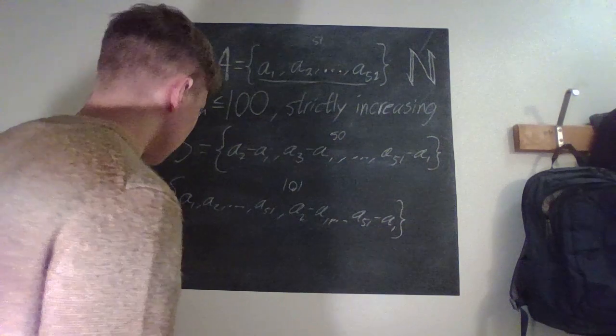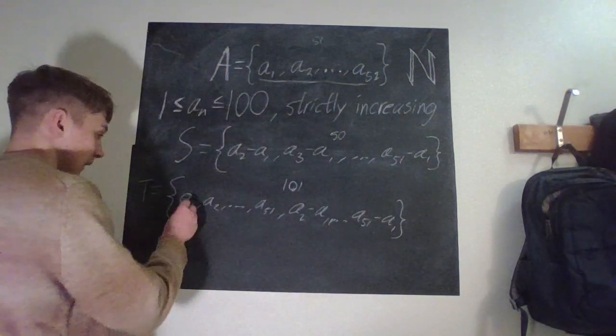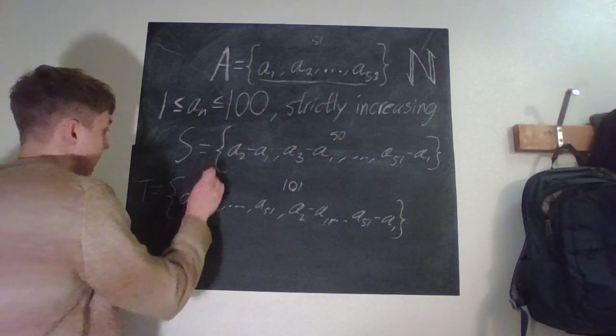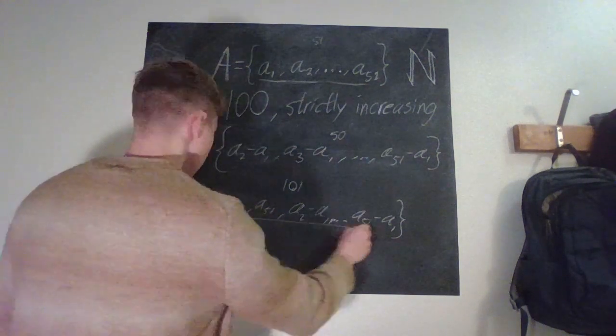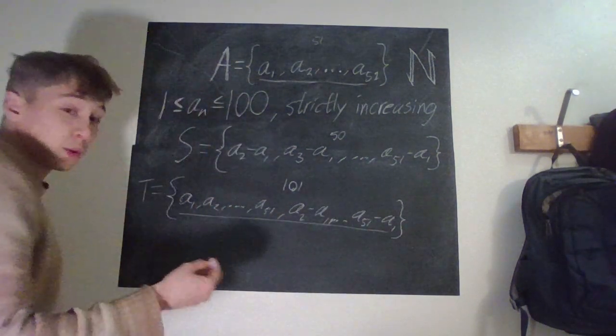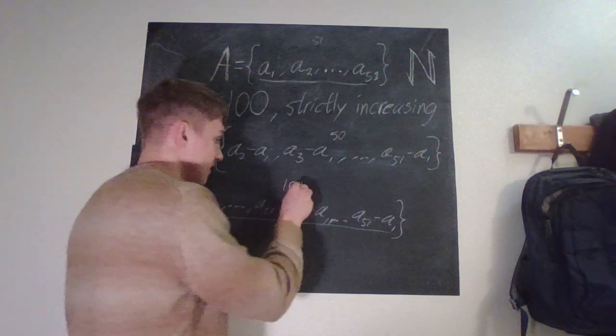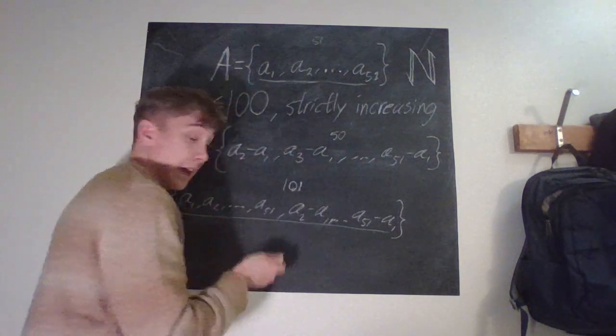So therefore we could say that this list T contains numbers ranging from 1 to 100, but it contains 101 elements.